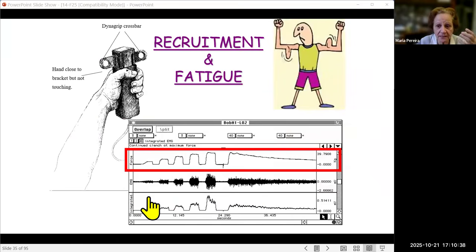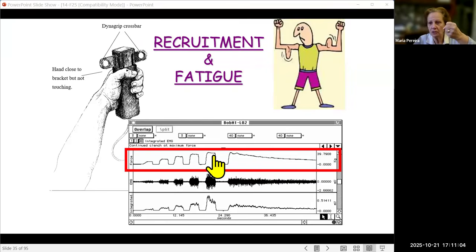Okay, so you're also going to do this exercise, which is going to illustrate the fatigue. You're going to hold on to a dynamometer. You're going to hold it very, very strong and see for how long. So you hold it weak and then stronger, stronger, stronger, the strongest, where you recruited all the muscle fibers.